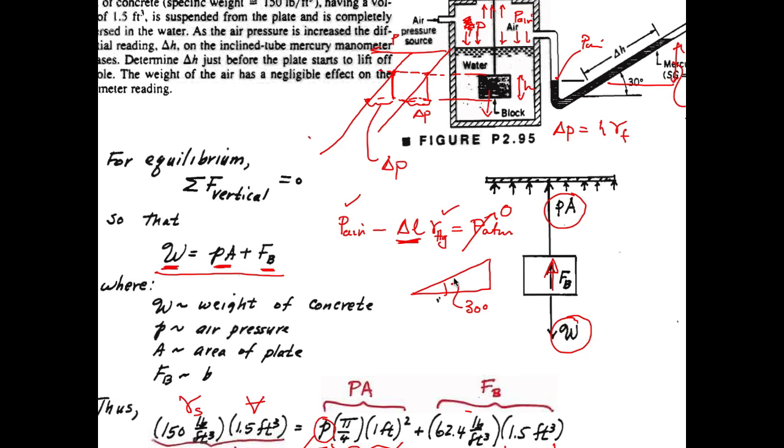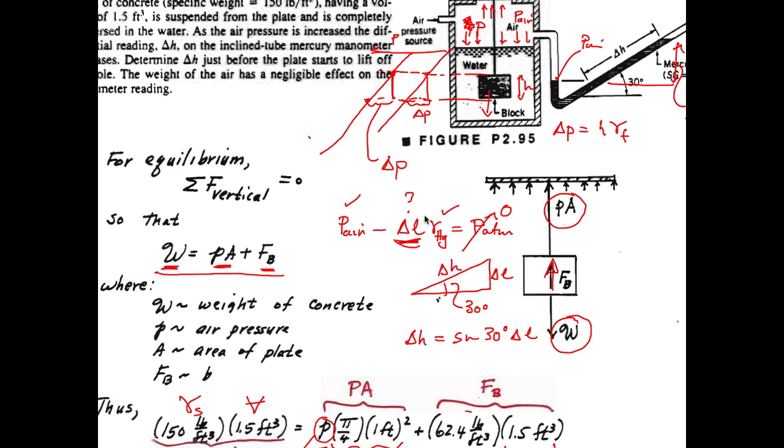for 30 degrees, delta H and delta L, in other words delta H equals sine 30 times delta L. So we know everything here except for this length.